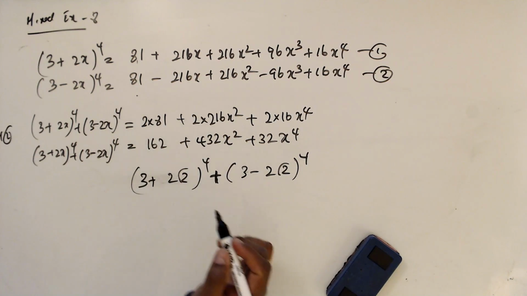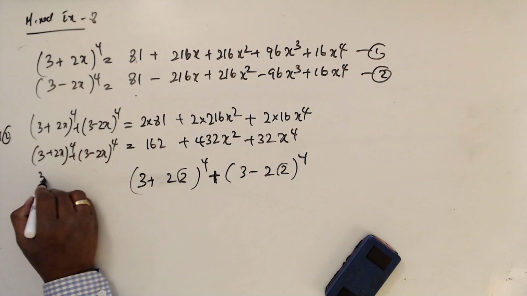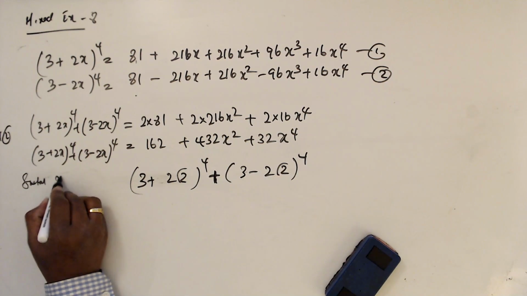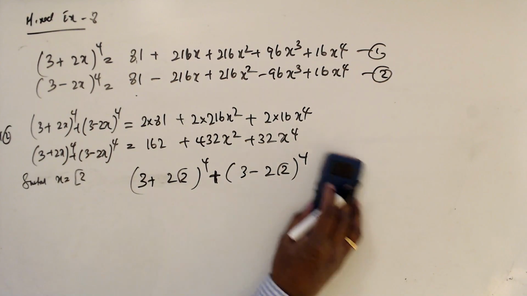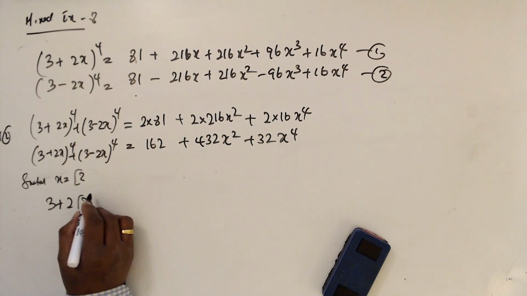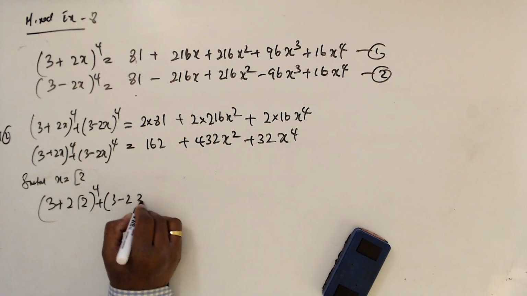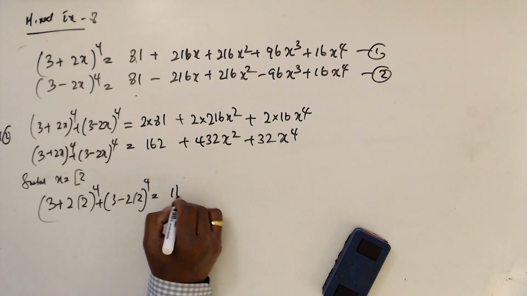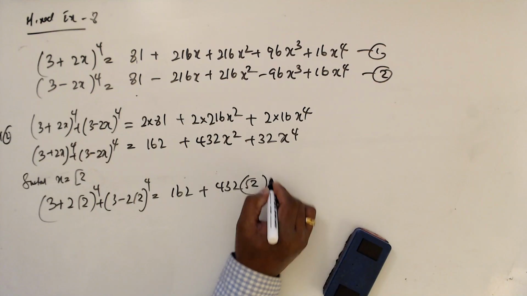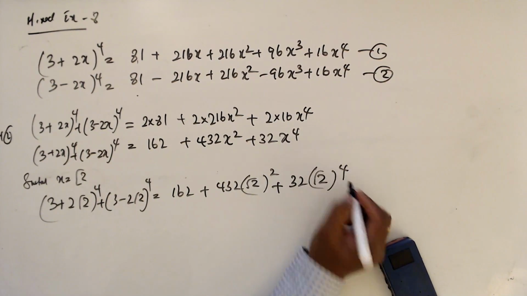2 times 81. Now, when I substitute x as square root 2, I get the expression (3 + 2√2)⁴ + (3 − 2√2)⁴ equals 162, 432 (√2)², and then 32 (√2)⁴.